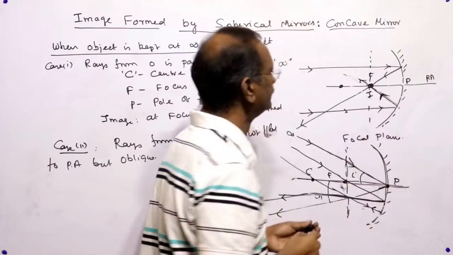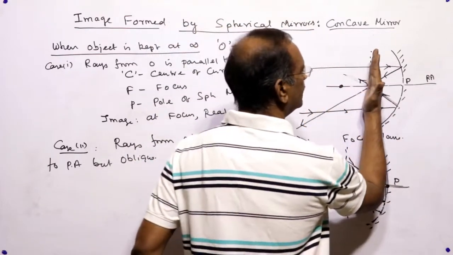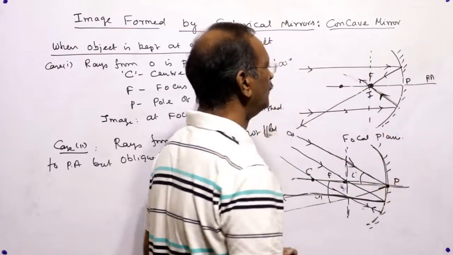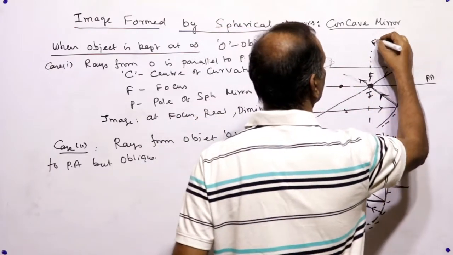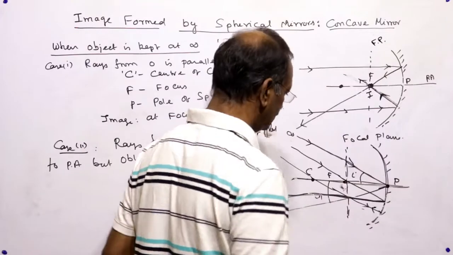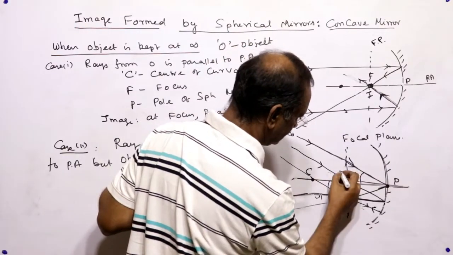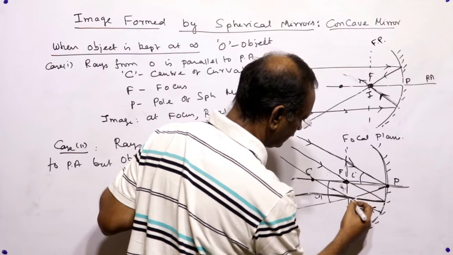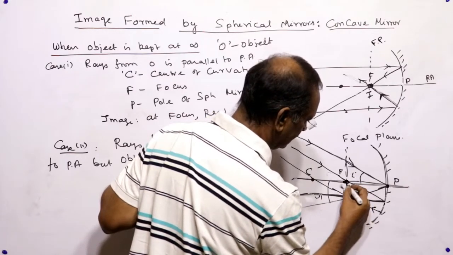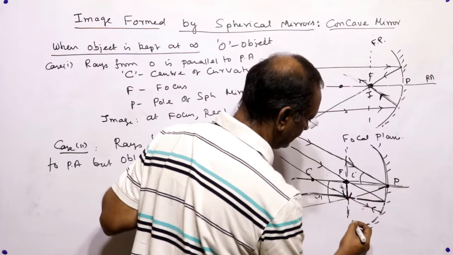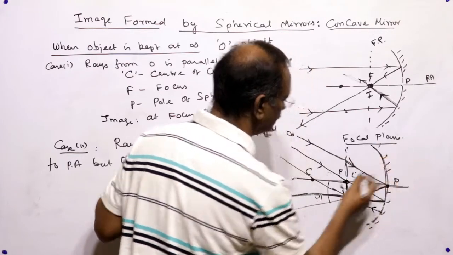If you take a plane passing through the focus, perpendicular to the principal axis, that is called the focal plane. So the image is formed exactly here at the focal plane.